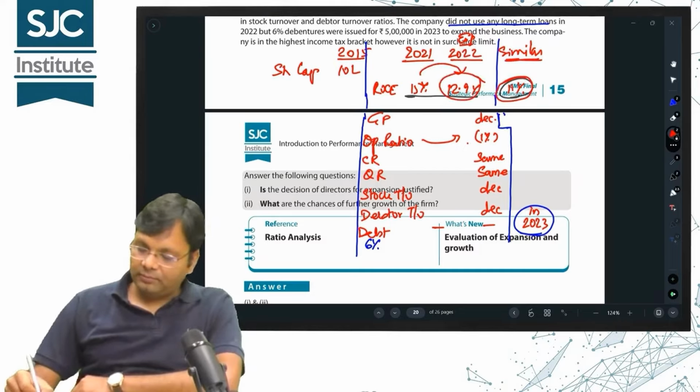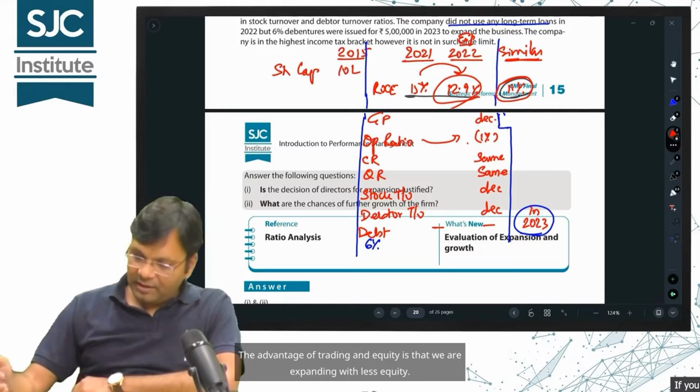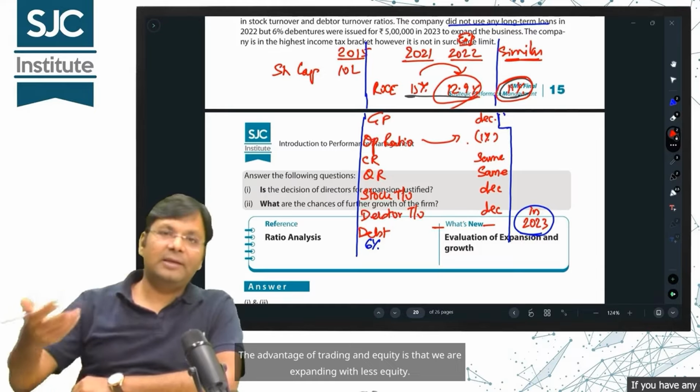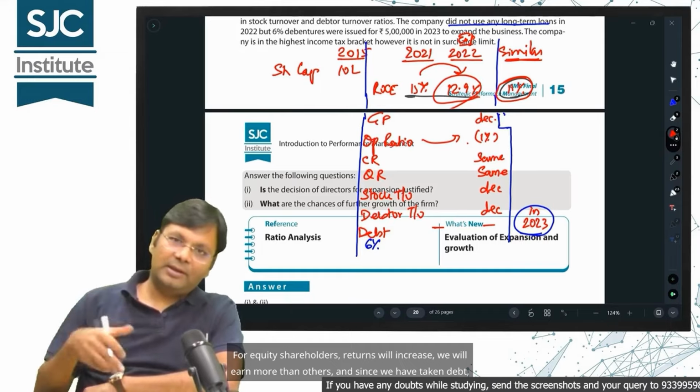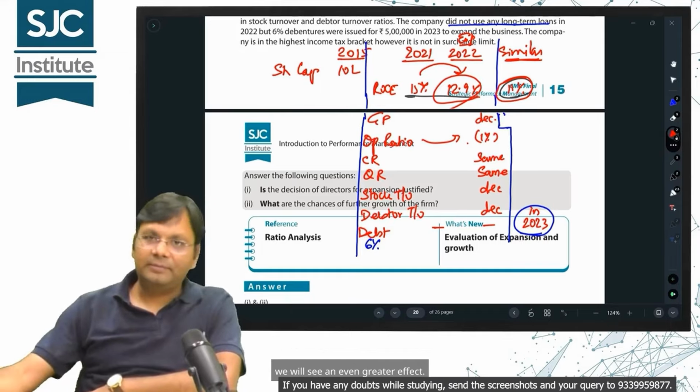So, there is a chance for growth, and this time we have also taken on debt. The advantage of trading on equity is that we are expanding with less equity. The return on equity will be higher, which means there is also a chance for growth. For equity shareholders, returns will increase, we will earn more than others, and since we have taken debt, we will see an even greater effect.